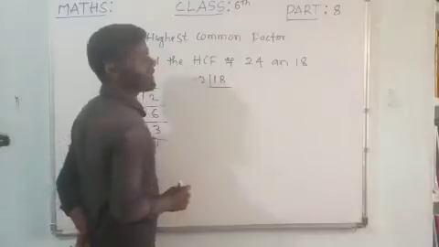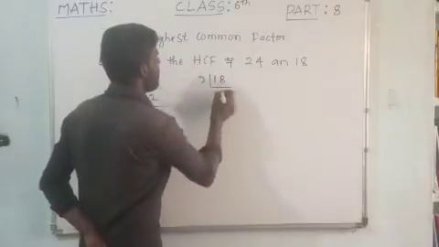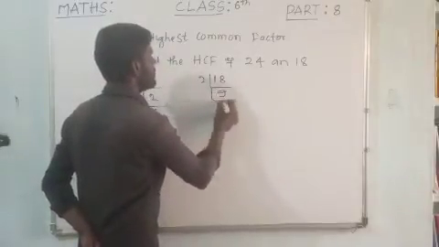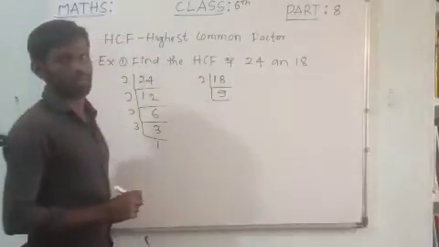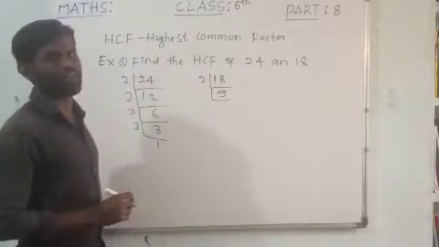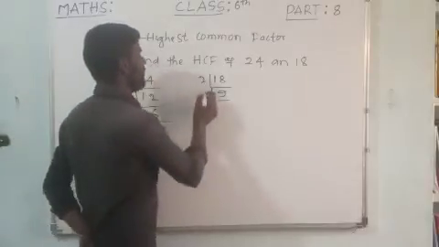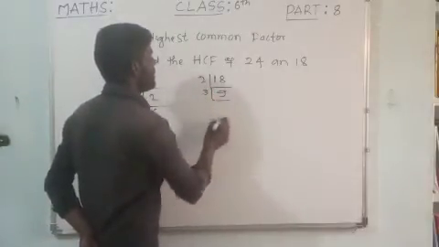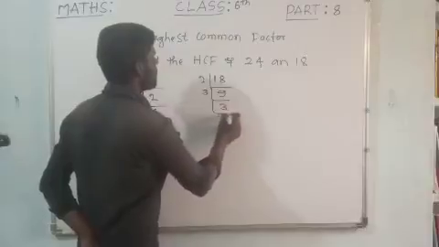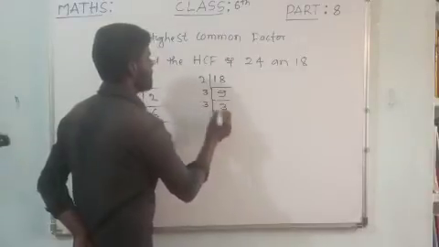First 2 is a factor, 2 nines are 18. Then we cannot choose 2 again because 2 is not a multiple of 19, or 19 is not a multiple of 2. That's why, dear children, I will choose 3. 3 threes are, then 3 ones are.